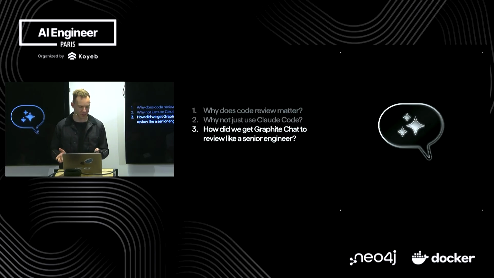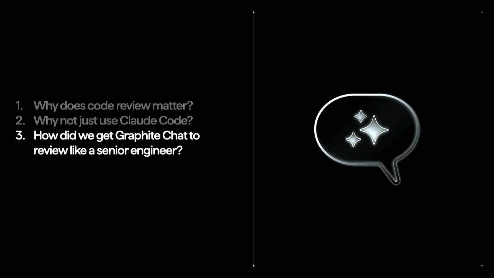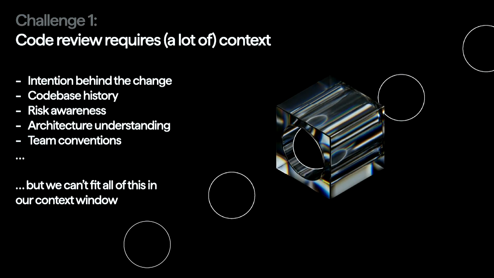So that brings us to this third question. To do this, I think we had to solve two really key challenges in order to get Graphite Chat to behave like a senior engineer. The first challenge is really around context engineering. Code review requires a ton of context to do right. You need to know the intention behind the change, the history, and the risks involved.